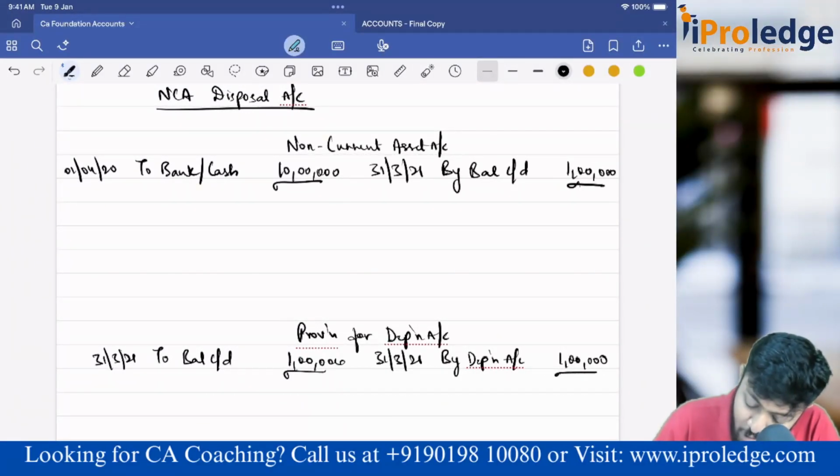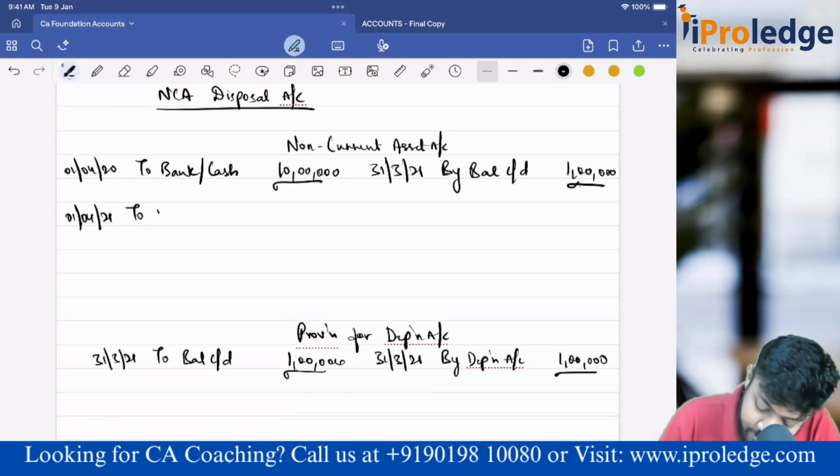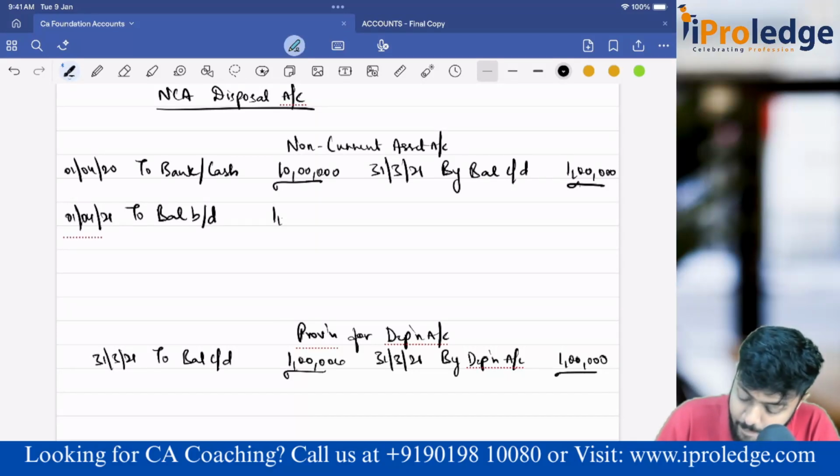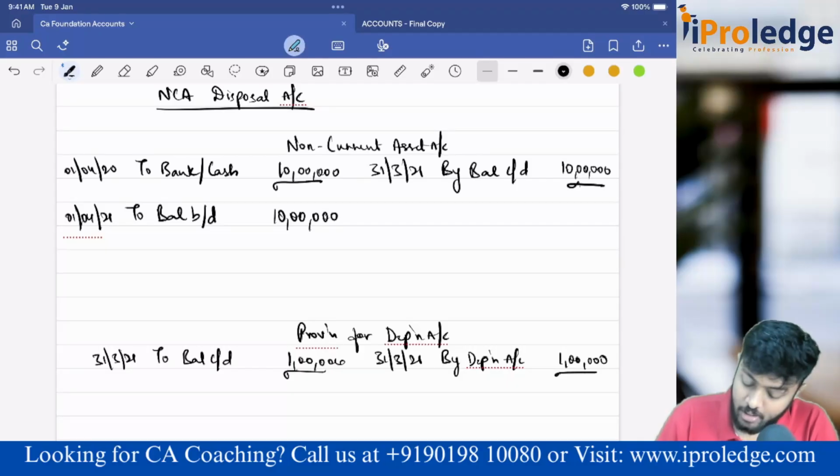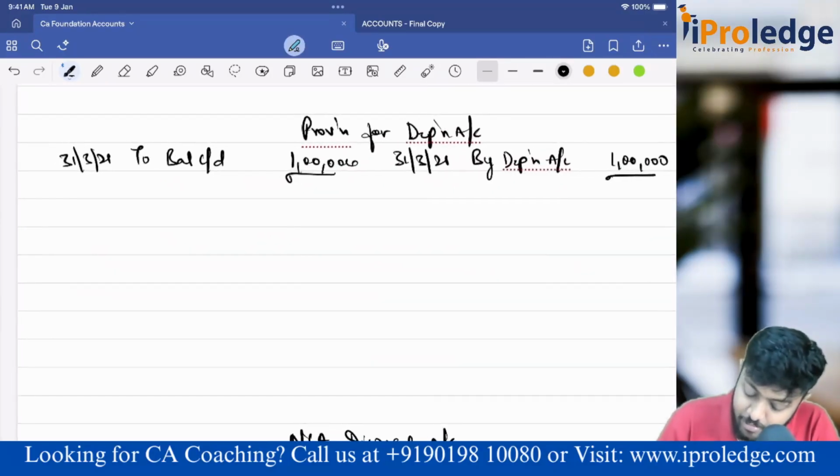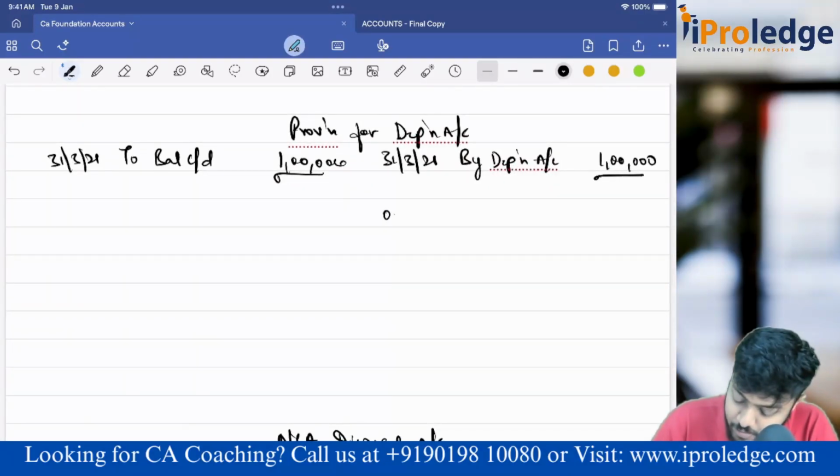Next, in the second year I carry on the balance: 1/4/21 to balance brought down. We have entered the second year, and here also we bring down the balance.